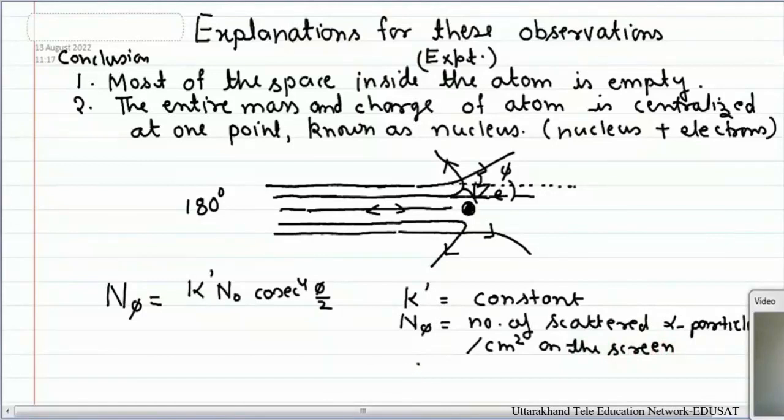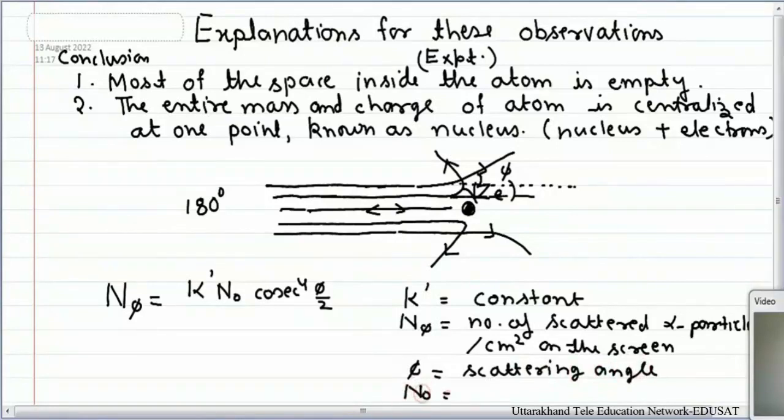And then phi is the scattering angle, and then we have N naught, the number of incident alpha particles per unit area of target.